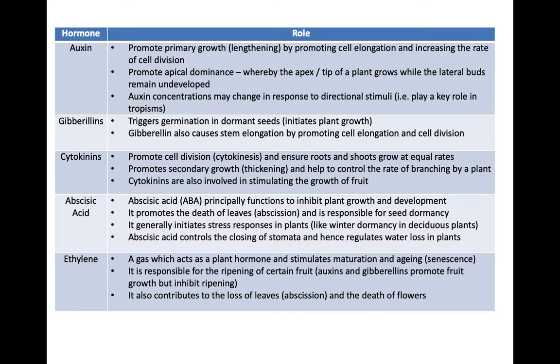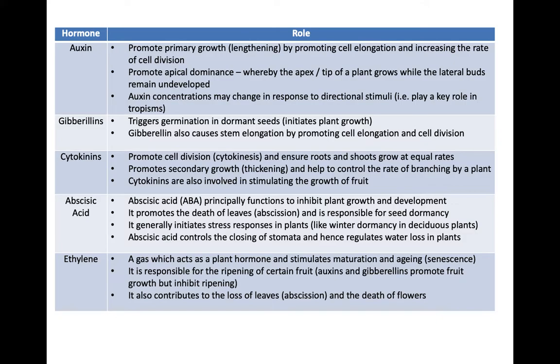It promotes apical dominance, where the apex or the tip of a plant grows while the lateral buds remain undeveloped, because once again, the auxin will actually inhibit growth of these nodes, and it's not until it's far enough away from these nodes that the branches can eventually start to grow. Auxin concentrations may change in response to directional stimuli, so we know this through phototropism.